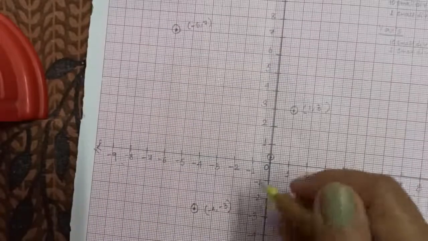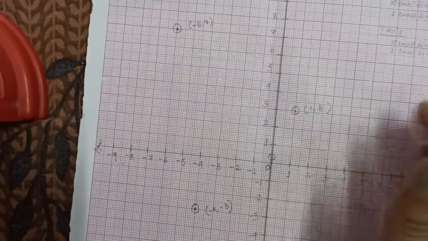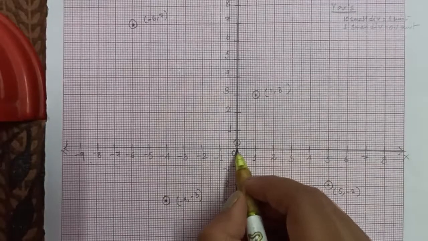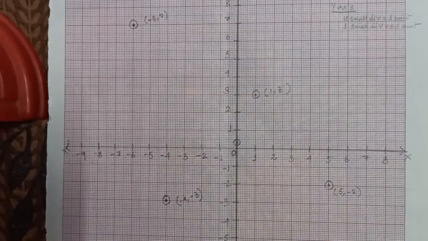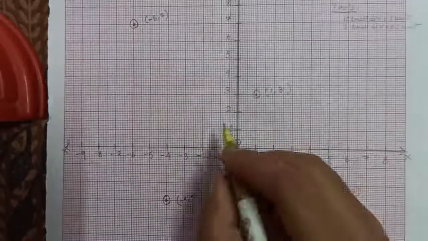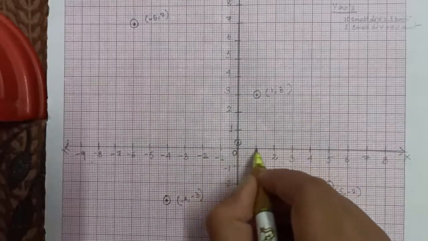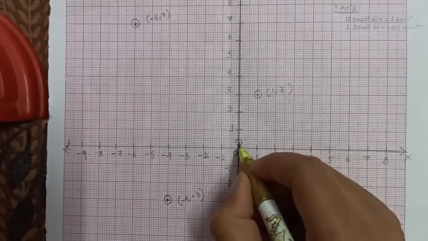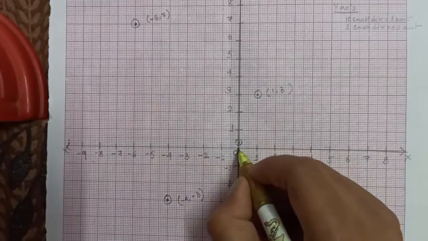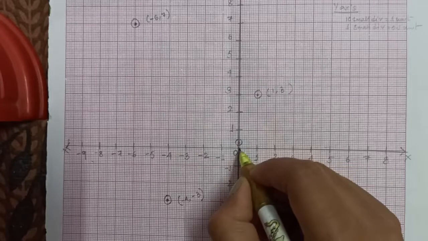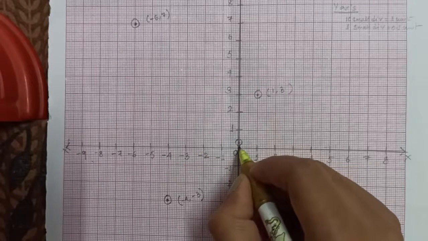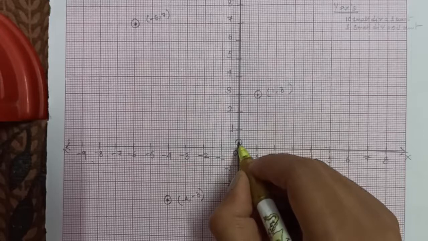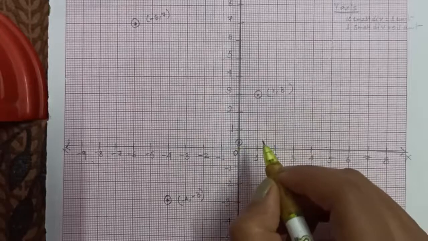Why have I marked on the y-axis? Because x is 0. When x is 0, this is the 0th point. This whole line will be representing 0 for x, and this whole line will be representing 0 for y. So on this line only, if I have to plot point 3, I'll move 3 small divisions and then put one mark.